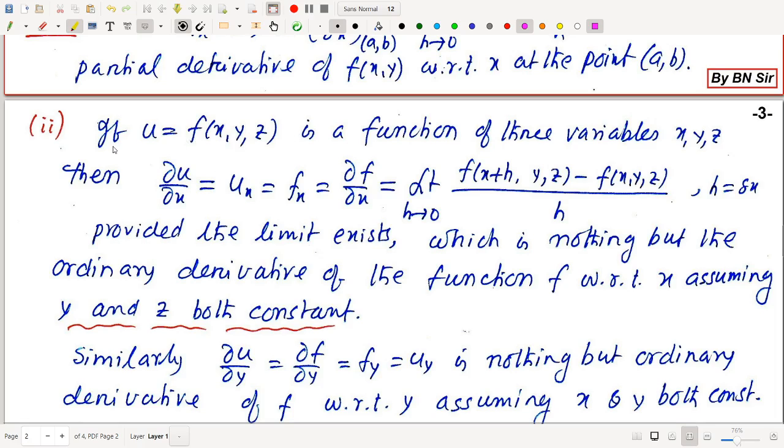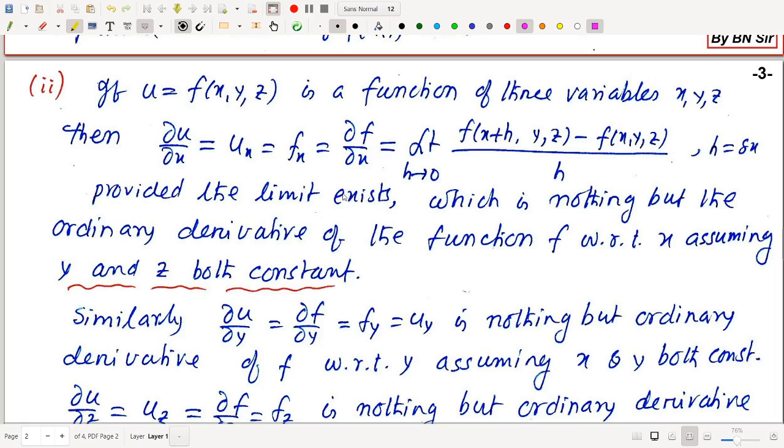Now, if u is a function of three variables, say f of x comma y comma z, then what is del u by del x or del f by del x? Del u by del x, u suffix x or f suffix x, these are the same notations. It is the derivative of this function with respect to x keeping both y and z constant. So it will be the limit as h tends to 0 of f of x plus h comma y comma z minus f of x y z, by h.